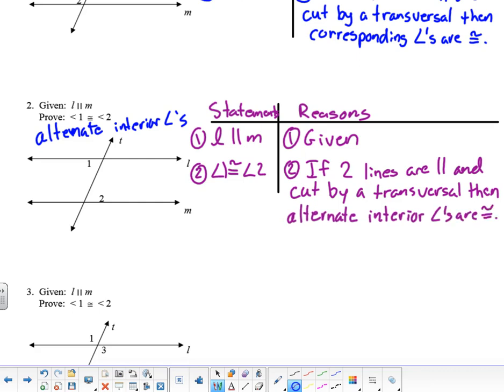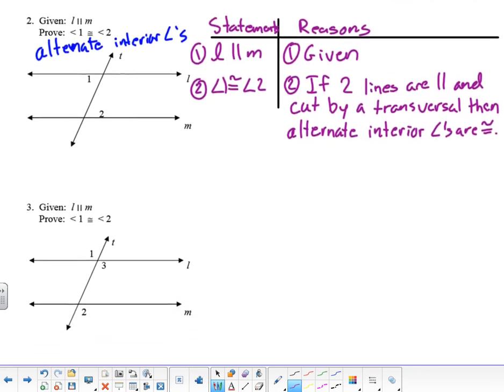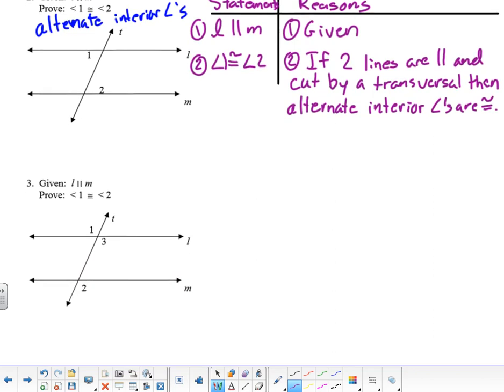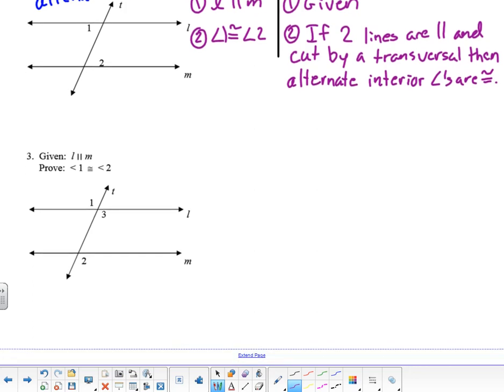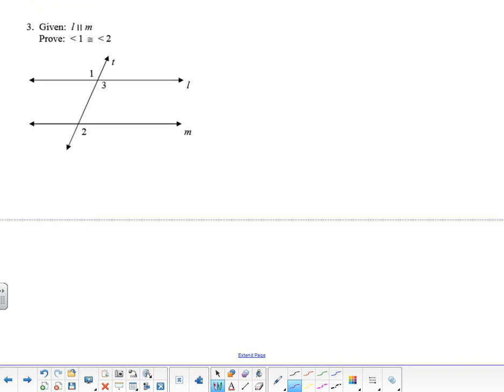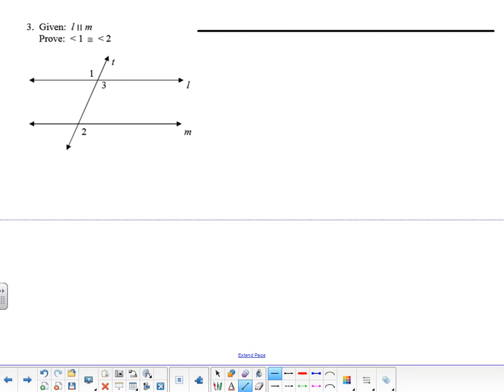It's okay to put the congruent symbol, and it's okay to put the angle symbol, just make it so we don't think it's a triangle when it's the angle. Now there's some different ways. I'll show you one way to do number 3 here, and then I'll talk about another way to do it.